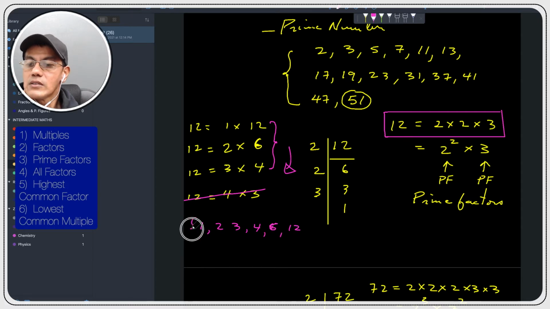Alright, so there you go. If you want all the factors of 12, this is the method you use. Very, very good way to find factors of a number. This will be very, very useful to you when you do factorization. Because when you're asked to do factorization, you will have to be able to generate all the factors of a number.